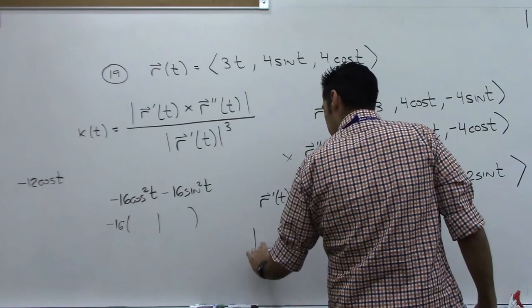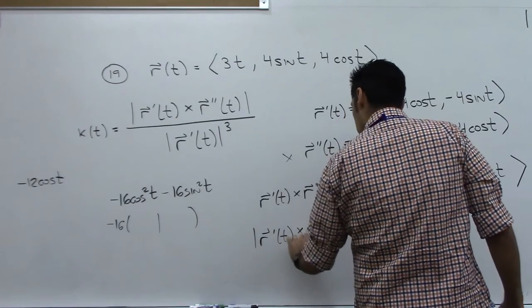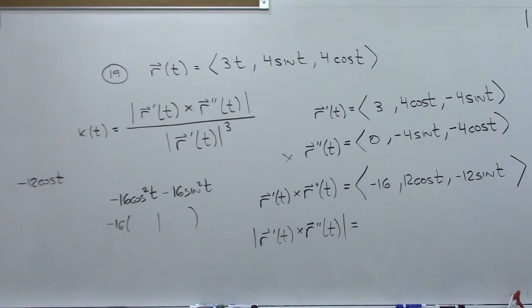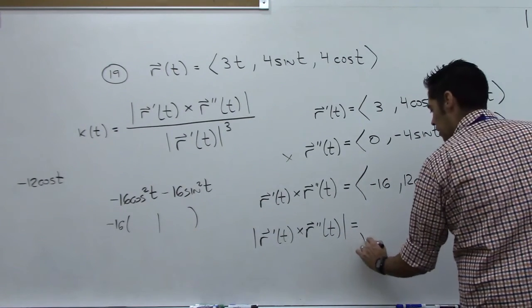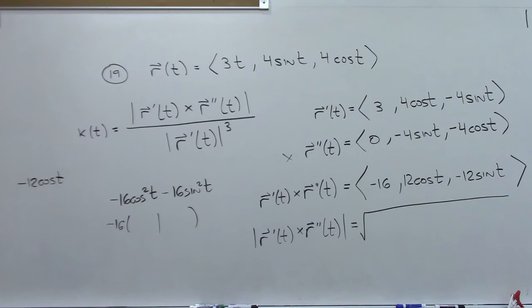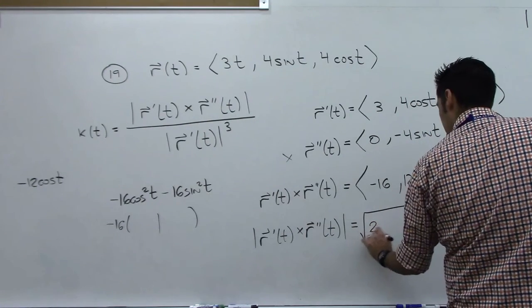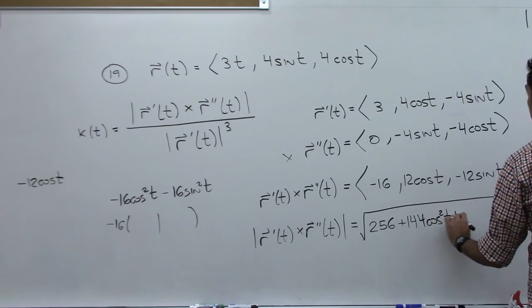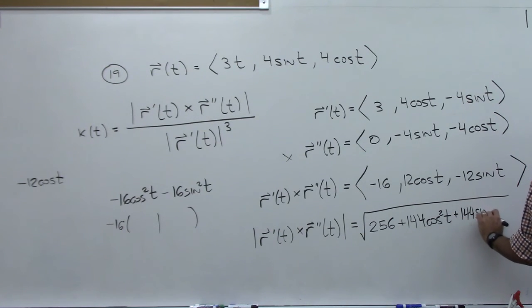So the magnitude of this is going to be 256 plus 144 cosine squared t plus 144 sine squared t.